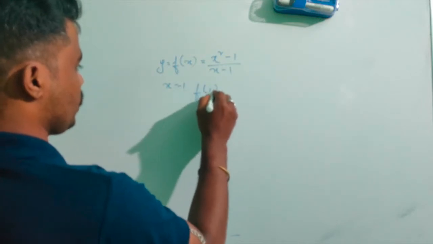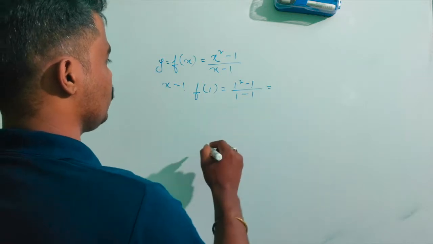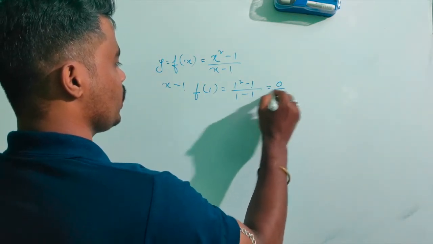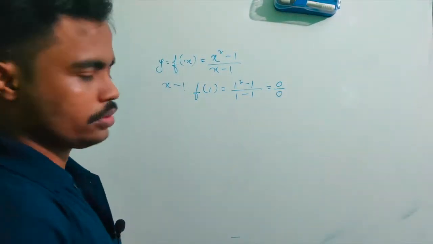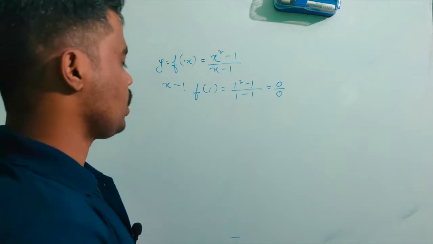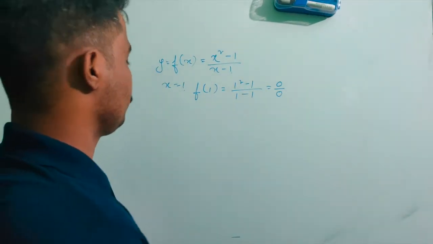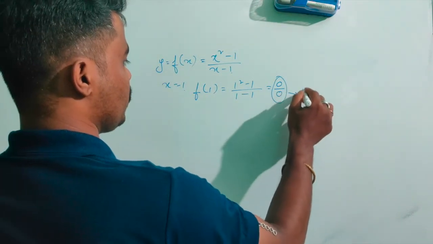We will write f of 1 equal to (1 square minus 1) by (1 minus 1), and we will see the function value will be 0 by 0. Now 0 by 0 is not a number because we cannot divide any number by 0. 0 itself is a number, but we cannot divide by 0. So this type of value we call an indeterminate value.